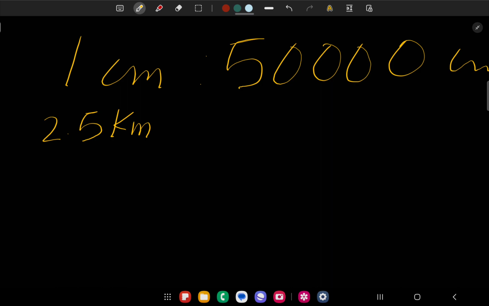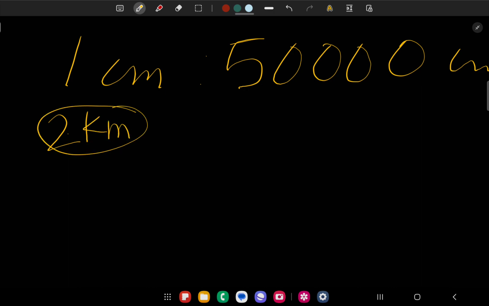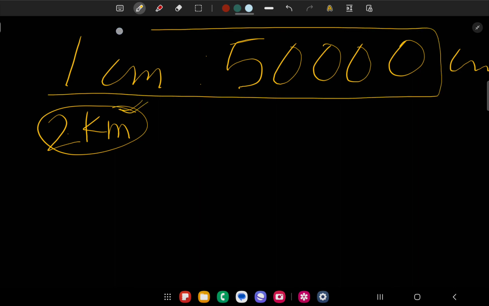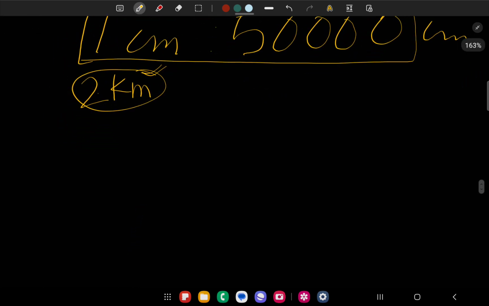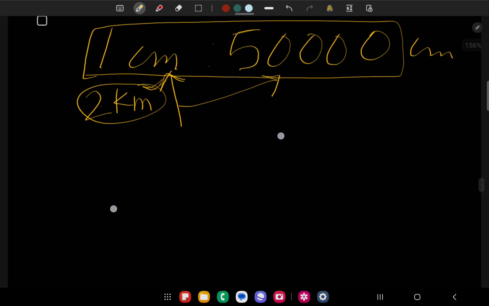So let's take it like this. Let's make this 2 kilometer. So what will be the distance on a map if the ground distance is 2 kilometer on the given scale? If they ask like this, so what will we do? So what will be the map distance? Okay, let's find it out.